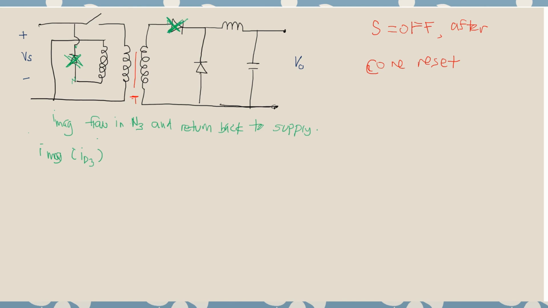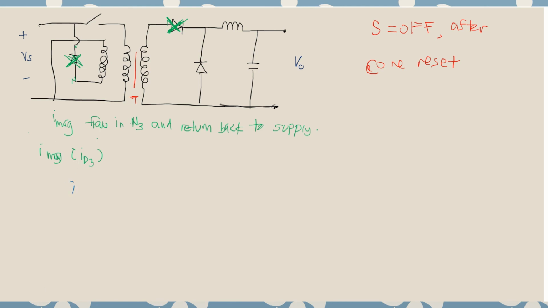So this is still off. IL is still flowing from ID1 to the inductor and out to the output voltage. So this core reset will happen until all the magnetizing current is 0.